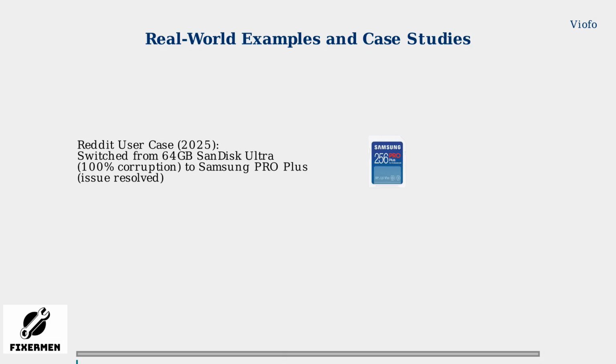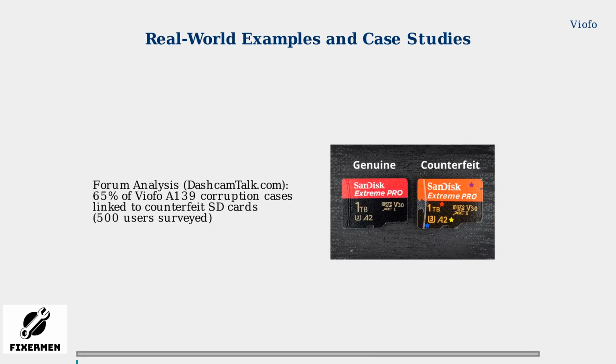Real-world user experiences show the critical role of SD card quality in preventing Viofo A139 corruption. For example, a Reddit user in 2025 reported 100% video corruption on a 64 GB SanDisk Ultra card after long drives. Switching to a Samsung Pro Plus card and updating firmware completely resolved the issue. Dashcam forums like dashcamtalk.com analyzed 500 users and found that 65% of Viofo A139 corruption cases were due to counterfeit SD cards, which lack proper quality and reliability.